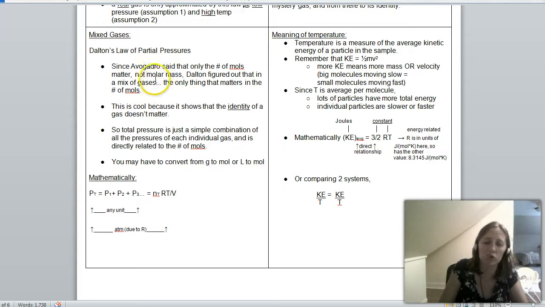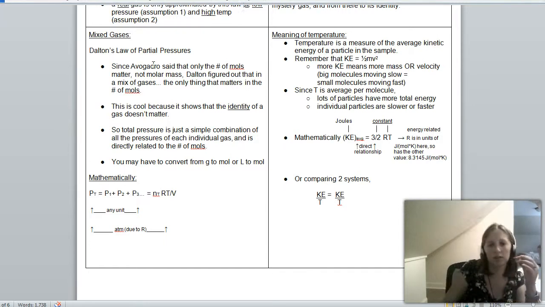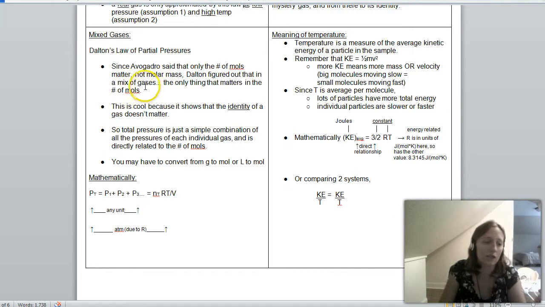And that's related to Avogadro, because he was talking about how a certain number of moles causes a certain amount of pressure. So in a mixture of gases, if you've got a gas that is 60% of the mixture, it's contributing 60% of the pressure. If you've got a gas that's contributing 10% of the pressure, it's 10% of the mixture.